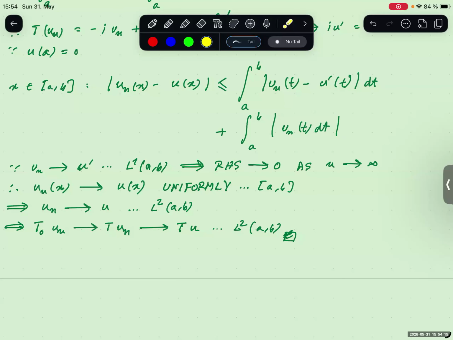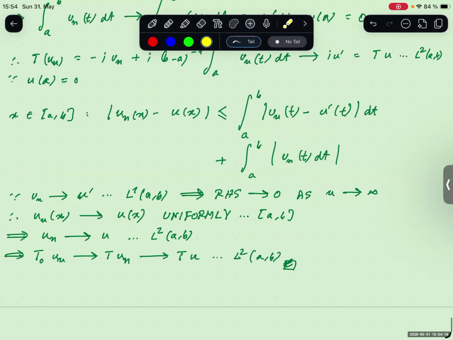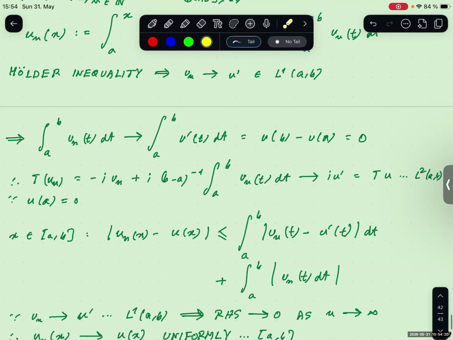So I give you maybe 1-2 minutes to contemplate, and if you have any questions, because this is really one of the key points where math and physics differ a bit.